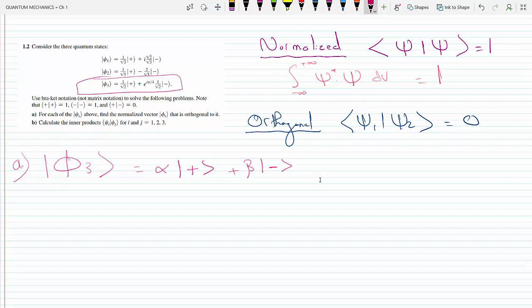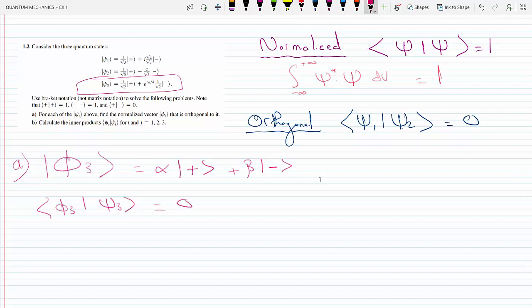But we do know that it's orthogonal to psi 3. So that means their inner product will be 0. So we know that phi 3 psi 3 is equal to 0.